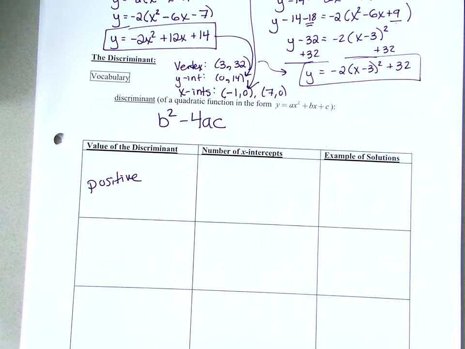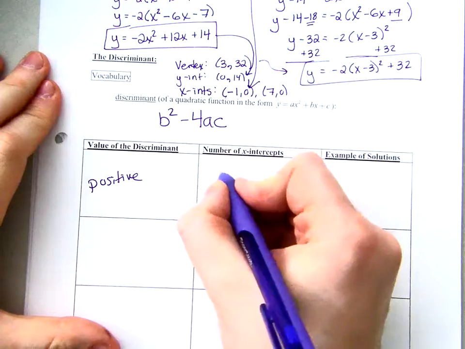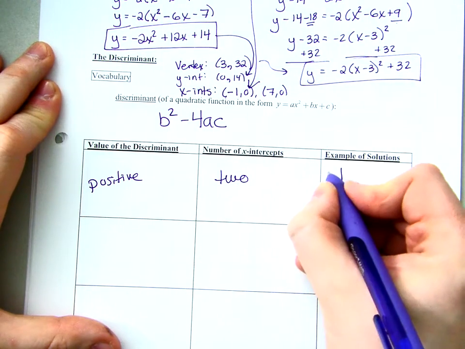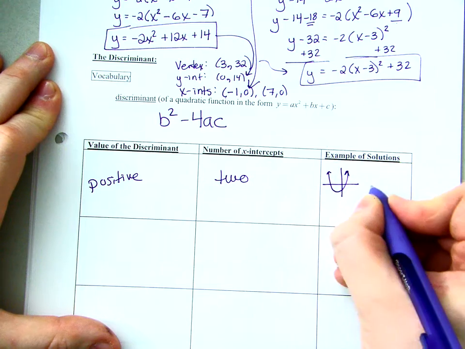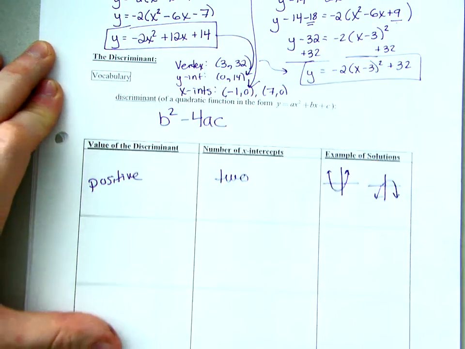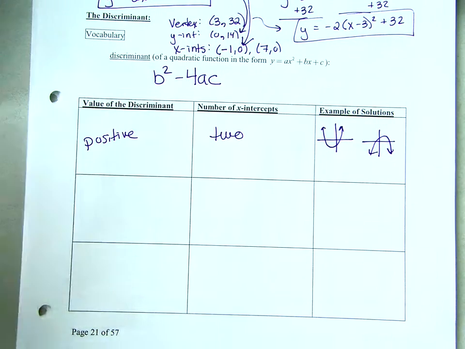Then when you find your x-intercepts, you're going to do the positive square root of that thing, the negative square root. You're going to get two different numbers. You're going to get two different x-intercepts, which means our graph might look like this, might look like that, but it's going to cross the x-axis in two places. Take the plus or minus square root of 65, you get two different real number answers.